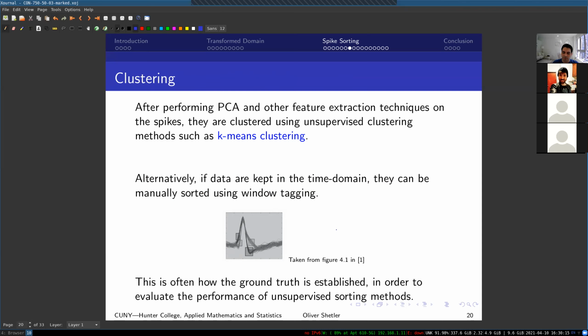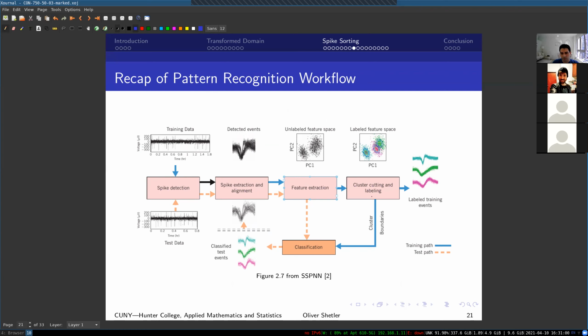So just recapping the overall structure of the pattern recognition workflow. Basically, what we're doing is we're starting with some form of spike detection, and then we're moving on to spike extraction and alignment. And then we're extracting some features. And then we are doing some form of clustering.